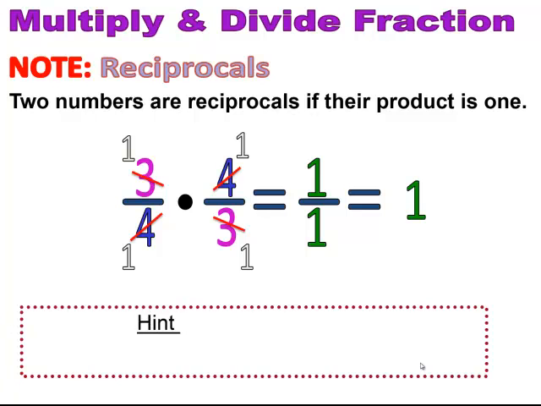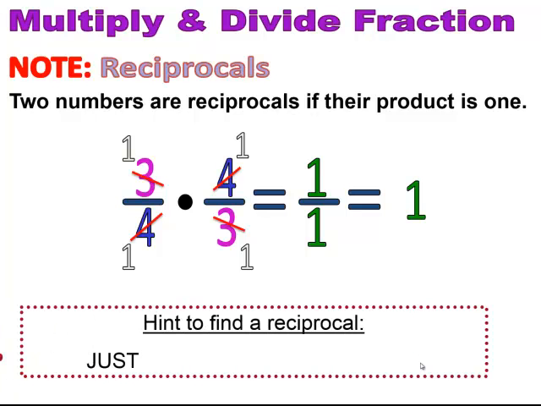Therefore, the reciprocal of a fraction is simply taking the fraction and flipping it over. So a reciprocal for 3 over 4 would be 4 over 3, because when I multiply them together I get 1.